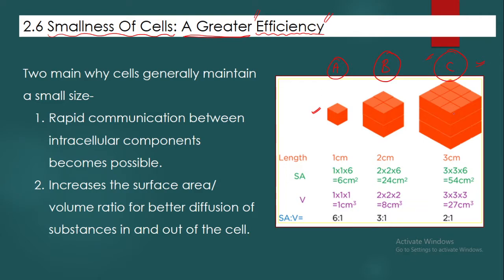So a cell has to communicate with the environment for taking in food material and for removing waste material. It needs to communicate with its surroundings. Will a cell with more surface area communicate better, or a cell with very little surface area exchange and communicate better?